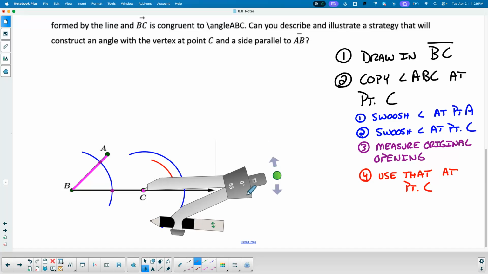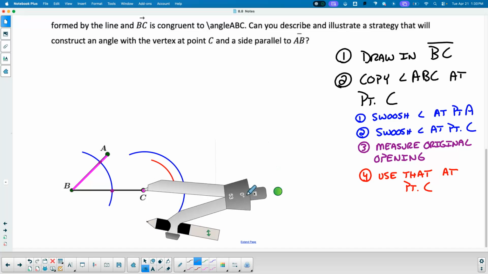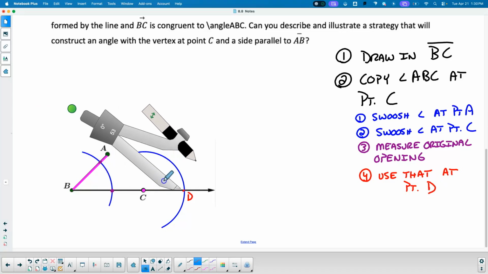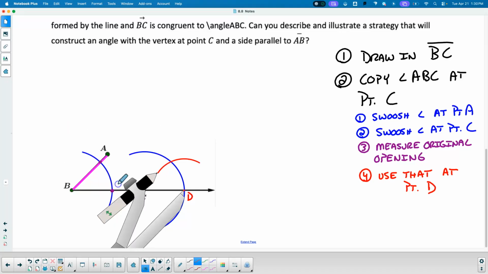Oh, I went to the wrong spot. That's why. Not at point C, at point D. Those would never intersect. There we go. Now they intersect.